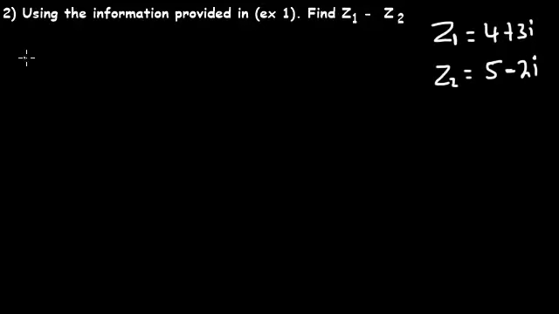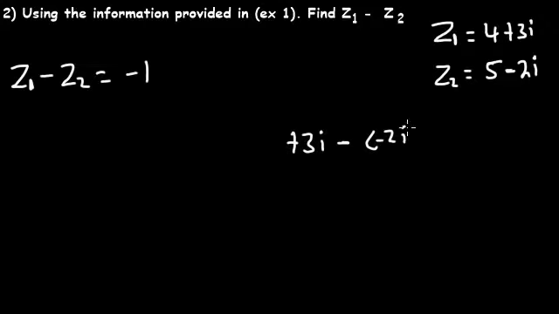To find the difference between these two, all we need to do is the same thing we did earlier. But this time around, the sign is a subtraction sign. So z1 minus z2 becomes this coming first, followed by this. 4 minus 5 gives us negative 1. And for the imaginary part, like I said, always write it out to avoid silly mistakes. So we have positive 3i minus negative 2i.